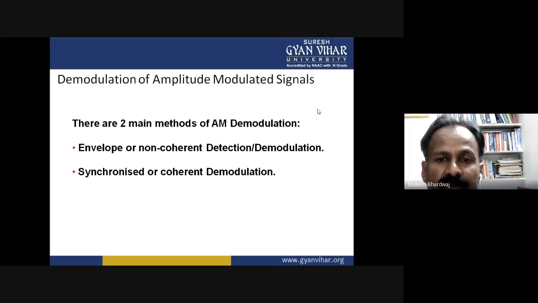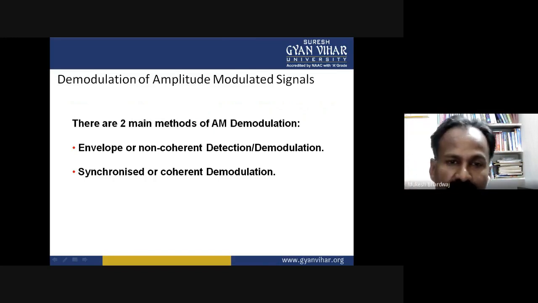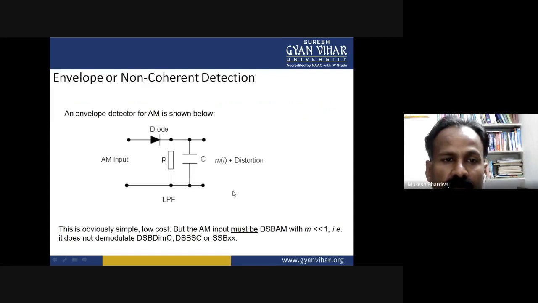Demodulation of amplitude modulation. There are two main methods of demodulation: envelope or non-coherent detection, and synchronized or coherent demodulation. Envelope or non-coherent detection: an envelope detector for amplitude modulation is shown in the figure. That is the envelope detector or AM demodulator.